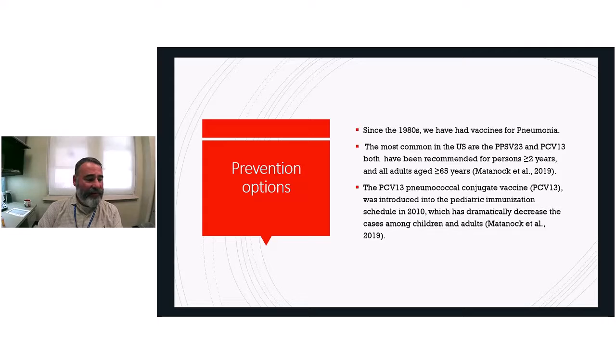Now, the PCV13 can be given to those patients greater than 65 if the combined decision making between the provider and the patient deem that it is a benefit to the patient. Some of the reasons they might want to give the 13 is that if the older patient is going to travel outside the United States, or possibly they might work in a child care area where it might be beneficial to go ahead and get that PCV13.